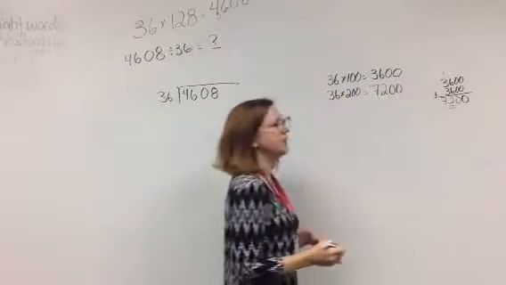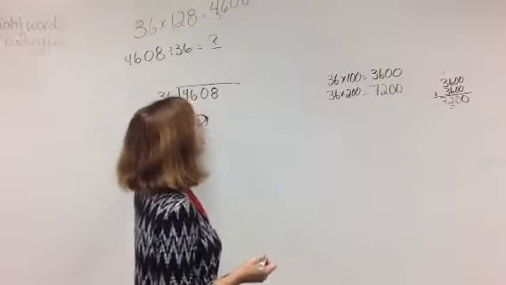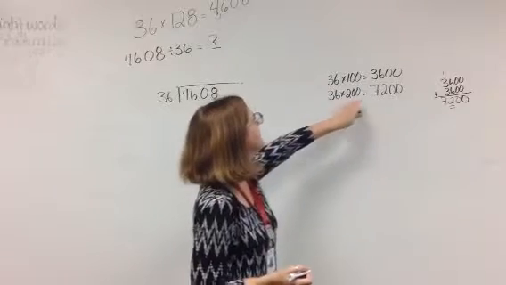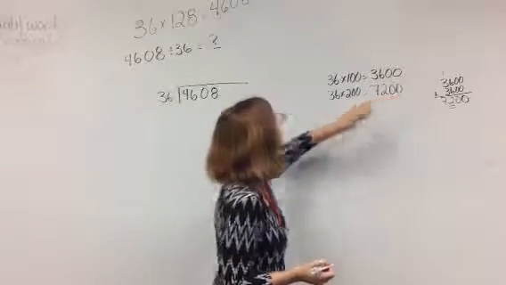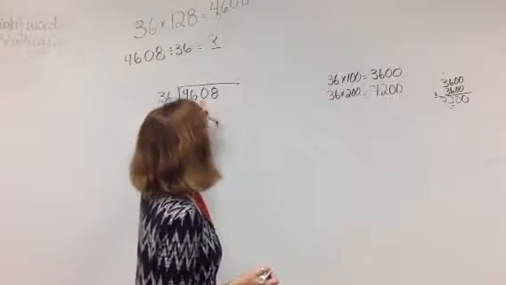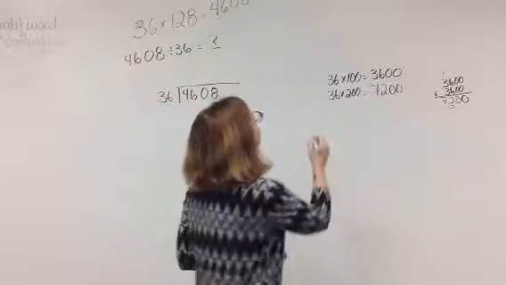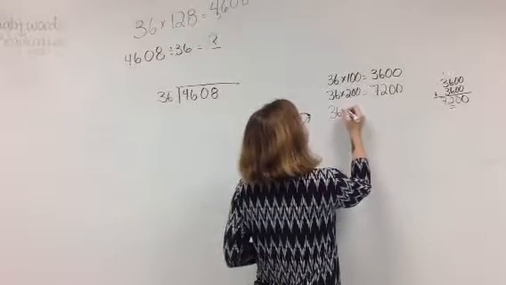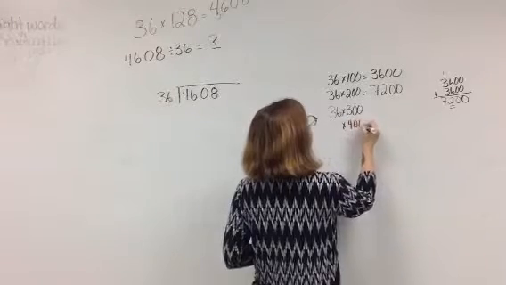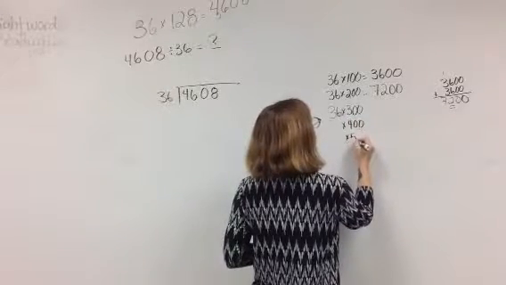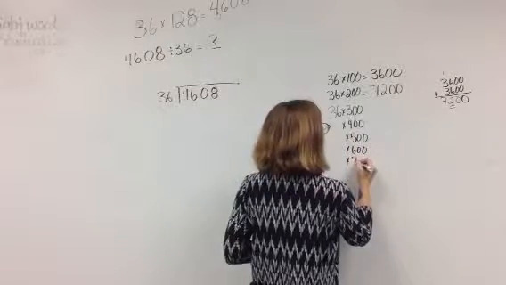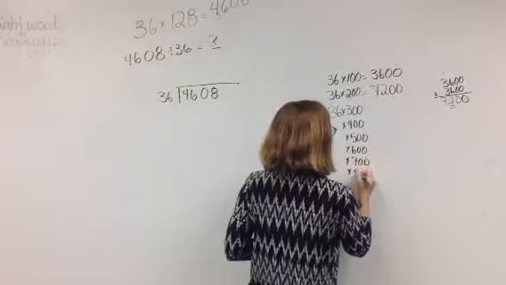Now I'm going to keep going, even though I know that I've gone too far. 7,200 is much bigger than 4,608. So I'm going to say 36 times 300, 36 times 400, times 500, times 600, times 700, times 800.